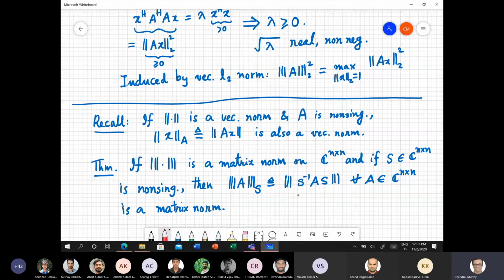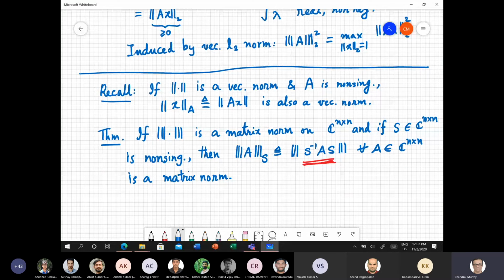So this quantity S inverse AS is what is called a similarity transform on the matrix A, and it has lots of very nice properties which we will study in quite detail later on. But for now, we're just observing that if you're given a matrix norm and any non-singular matrix, you can define a new matrix norm using that non-singular matrix. So how do you show this?